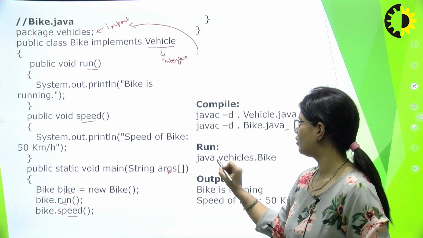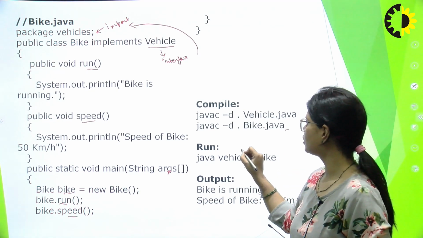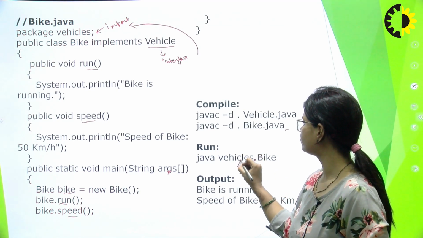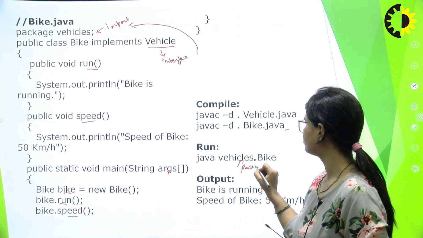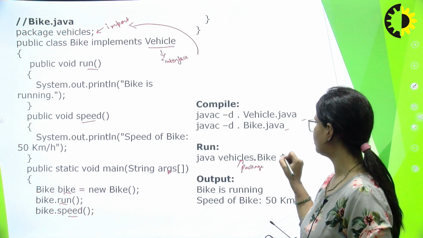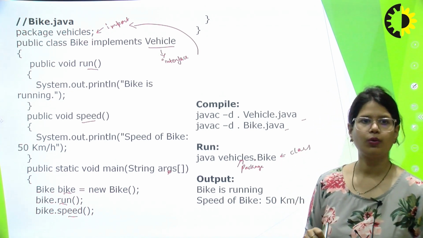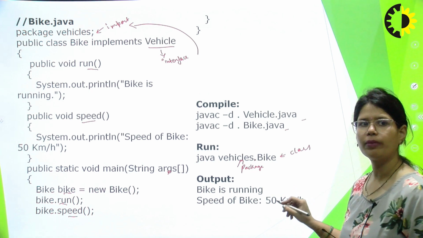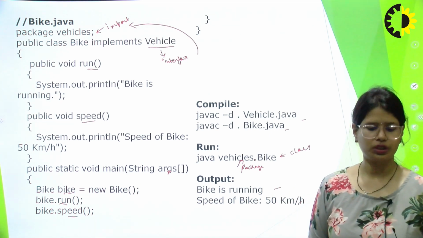Then how to run? java vehicles.Bike, so you are writing the package name and the class name you want to run. So what will the output be? It will be: bike is running and the speed of bike is 50 km/h.